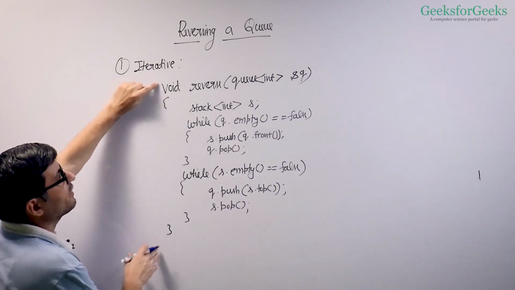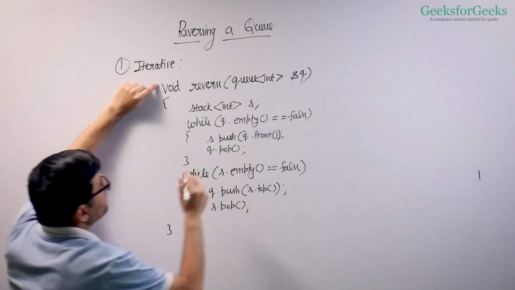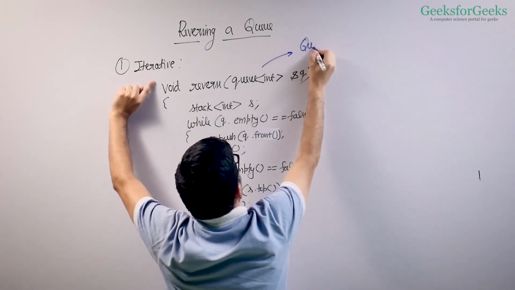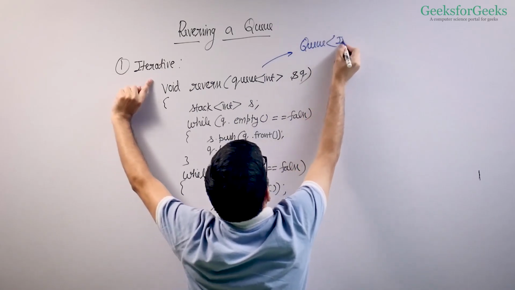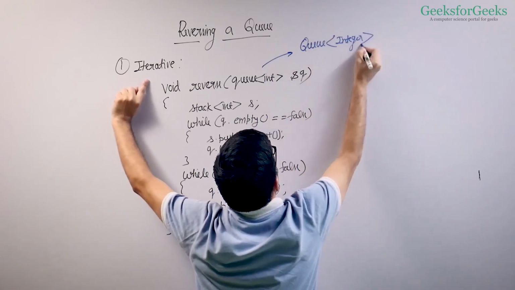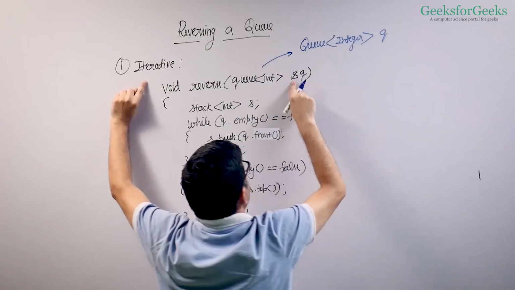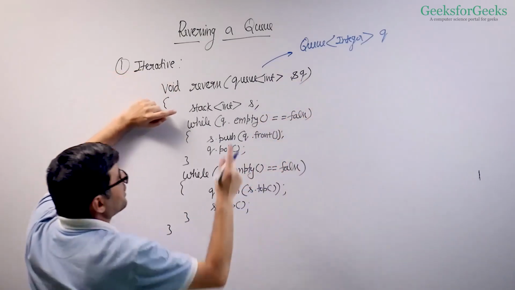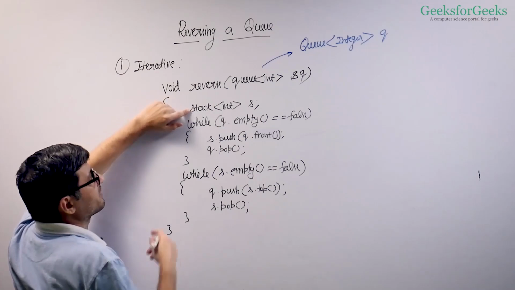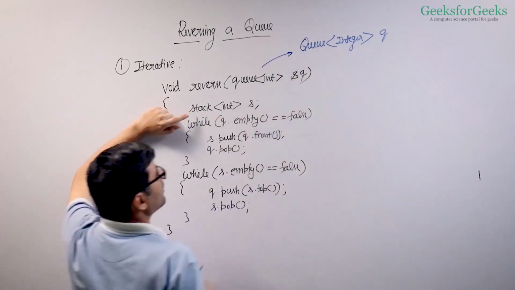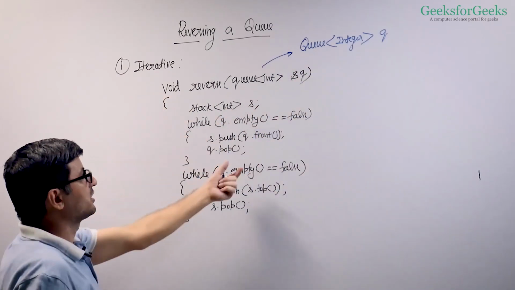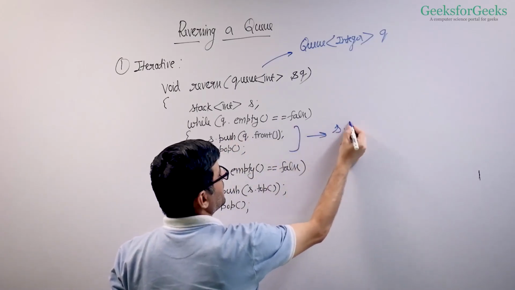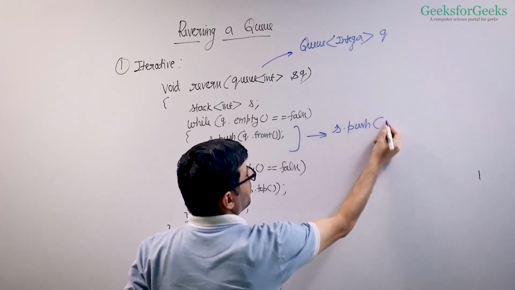I have written C++ style code here. If you are programming in Java, then you can use this structure. You don't need to put this reference here because by default things are passed by reference in Java. In place of stack, you can use Stack of Integer. And in Java, the push and pop can be done in one line. So if you're doing it in Java, it will be s.push(q.pop()).